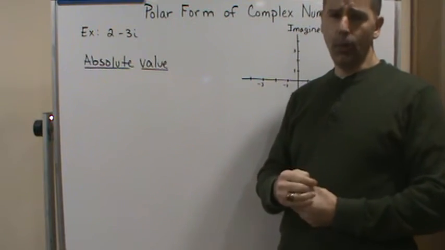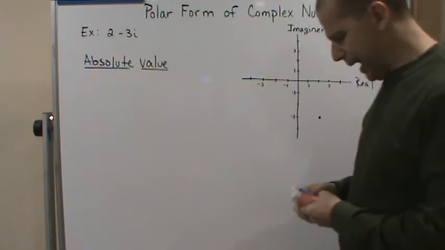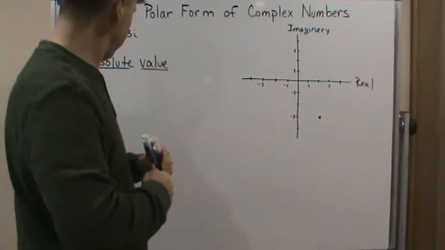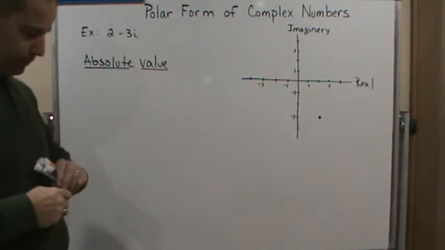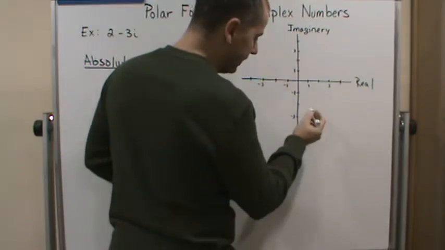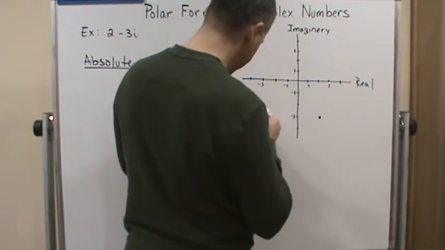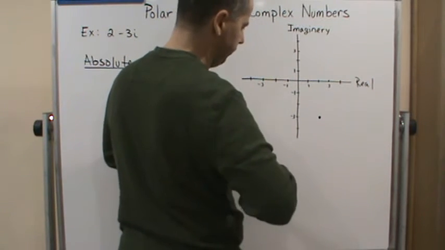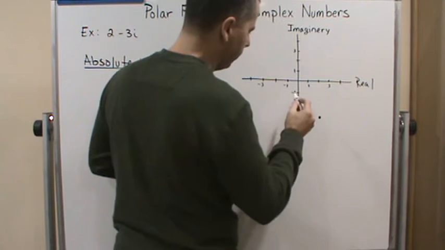So when we talk about the magnitude of a complex number, we're actually talking about the absolute value of the complex number. And what does that mean? It means the distance that point is from the origin.